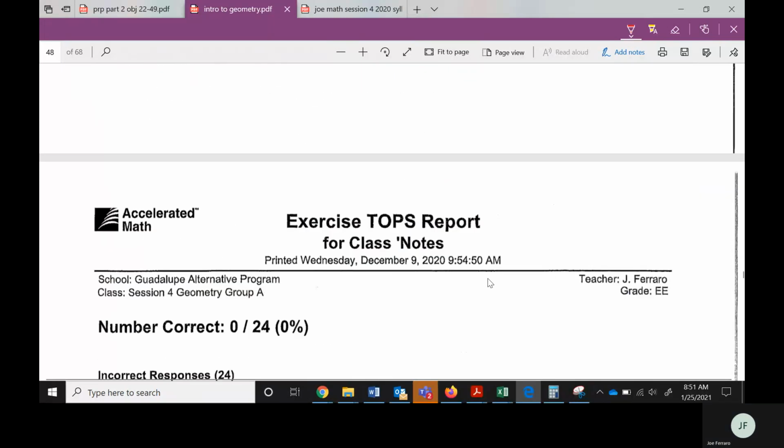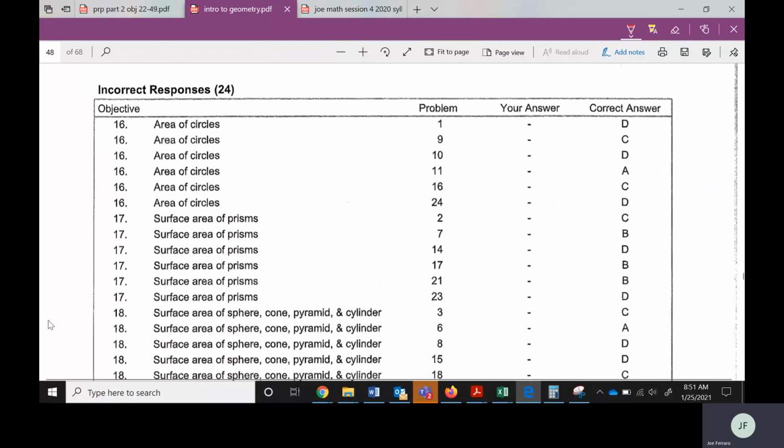So let's go through here. So again, the problems that you'd want to do, if you're just doing 16 and 17 for Math 910, would be these problems. Okay, or to look at. And the ones we did out of that, let me see here. We did 1 and 10.